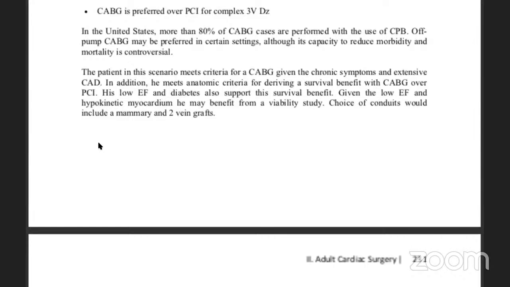But we also are different in our institute. For example, we don't use routine TEE. We don't use Swan-Ganz. Almost rarely we do that, and occasionally for transplant maybe. So it's very unusual to use those, though some other places routinely use Swan-Ganz, for example. So with those variations, if you decide to go one way or another, you should always have solid ground to explain why you're taking this extra step.